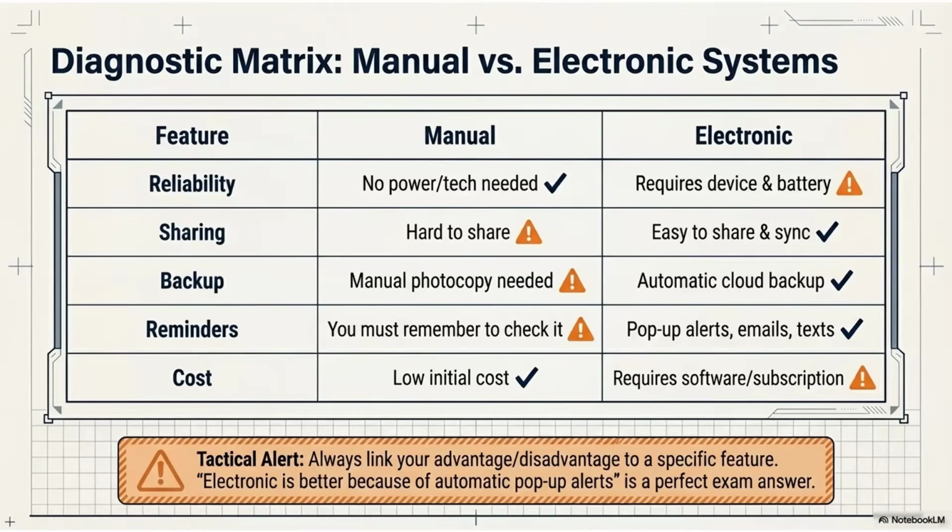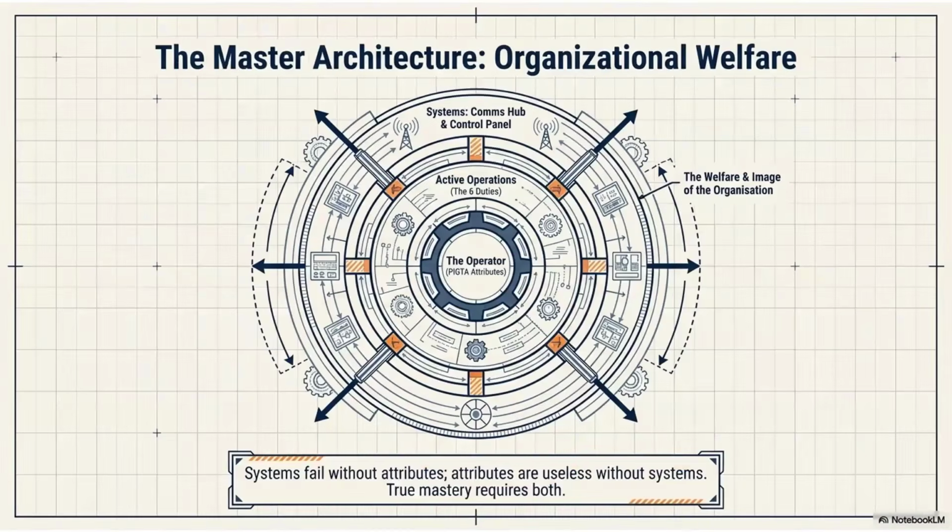If you want low cost, you don't want to rely on any external power devices, you want to be able to have access to it anytime you need it, and you want to keep the recorded information close by all the time, use manual.